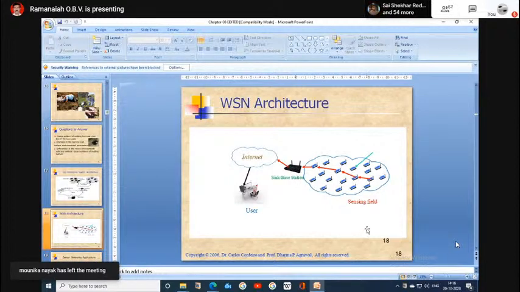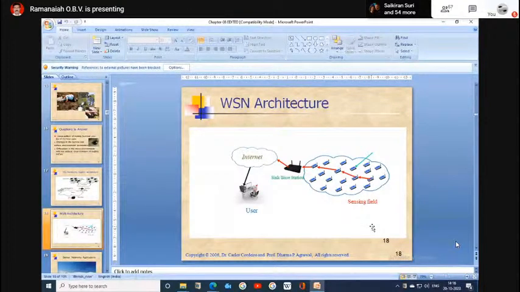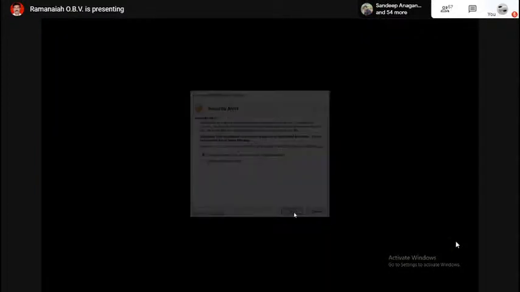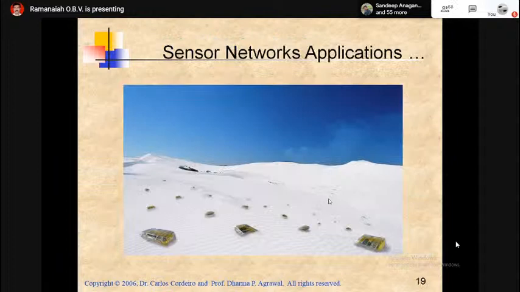There you may use concepts such as clustering, and other data aggregation techniques are also used for efficient information delivery, and the concepts must be energy aware, energy efficient, right? So this is the typical architecture. Now to continue further.